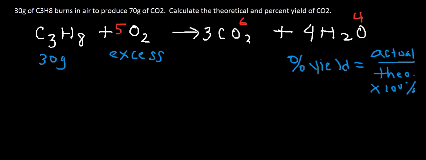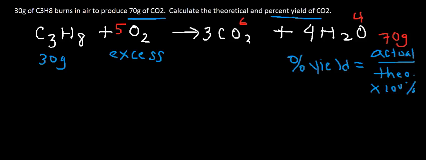And the actual yield usually is the grams of product. You see how we want to find the percent yield of CO2? That means that we need to use the actual yield of CO2 and the theoretical yield. They gave us the actual yield of CO2. They said, 70 grams of carbon dioxide was produced. That's how much we actually got in the experiment. So we know the actual yield. What we don't know is the theoretical yield, the most that we can get from the experiment.